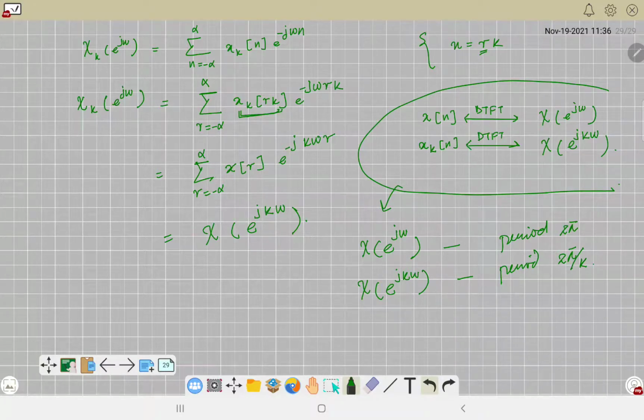Like I said, in this course we are mainly interested in the continuous time case. So we'll stop our discussion about discrete time, although we have done a fair bit of analysis in terms of discrete time Fourier series and discrete time Fourier transform. But as far as this course is concerned, this is more than enough.